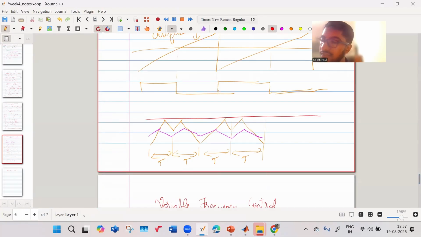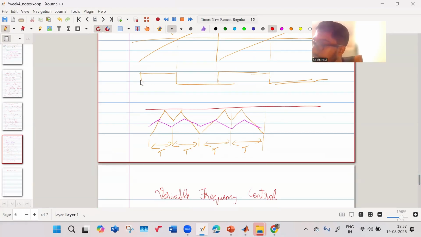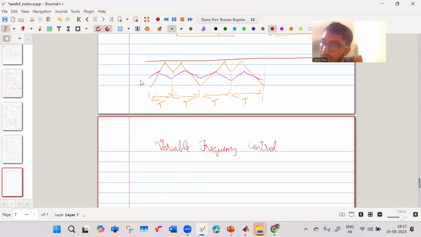It could adjust. But in peak current mode control and valley current mode control, we are forcing it, and you have to finish your cycle within this time. So that is the reason the subharmonic instability is not there. Sir has also shown some math why that subharmonic instability is not there.